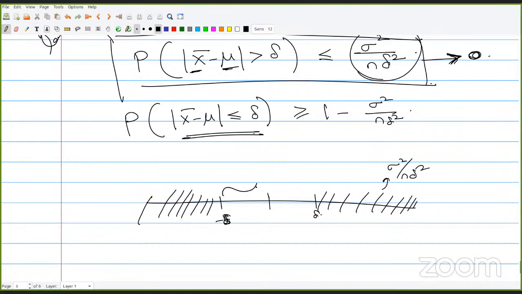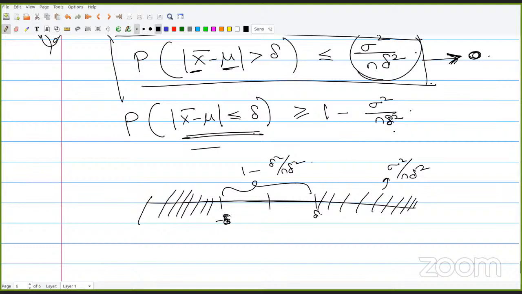Then the probability that X bar minus mu lies within minus delta to plus delta will be 1 minus sigma square by n delta square, because if this is less than, this will be greater than, since the sum should be 1. Right? So this probability is greater than 1 minus sigma square by n delta square.